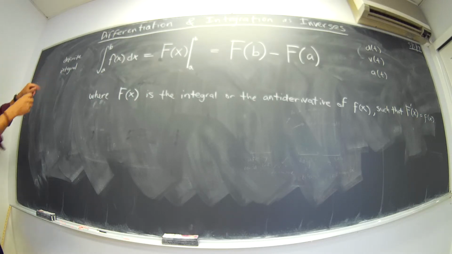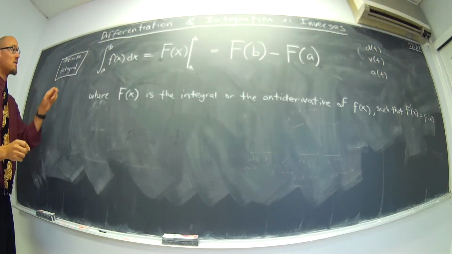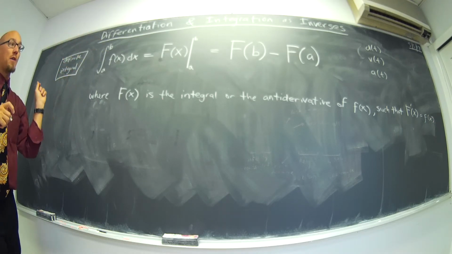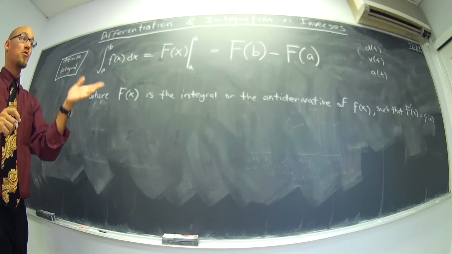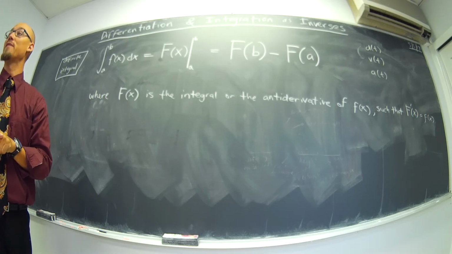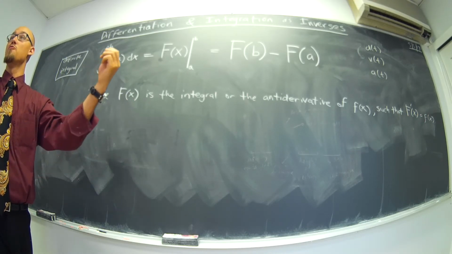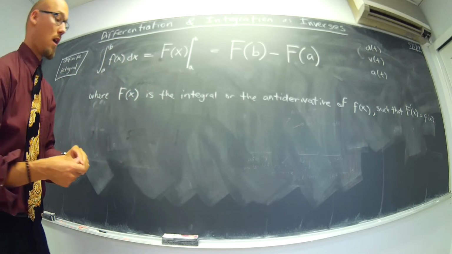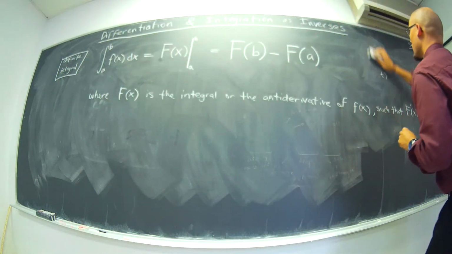So a definite integral has start here, stop here, at definite points, and you get a specific answer. You get a value. A definite integral will give you a numerical answer. Definite integral, numerical answer.